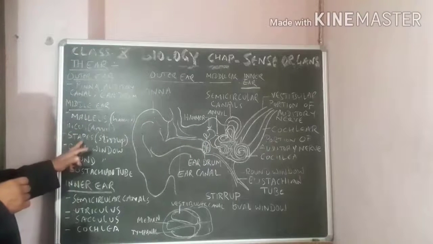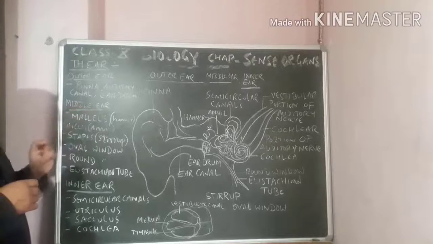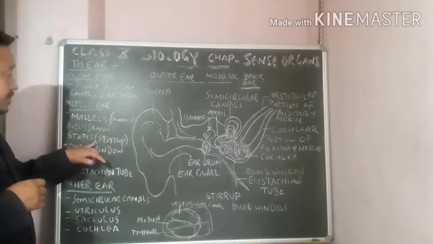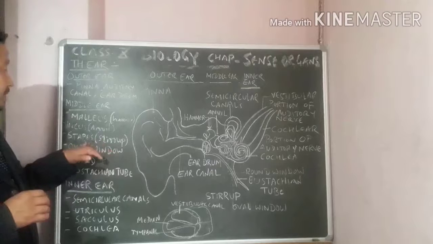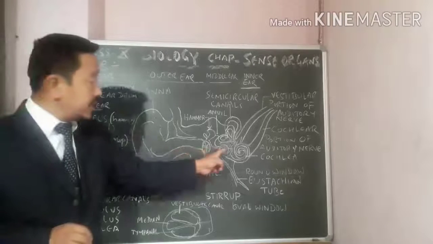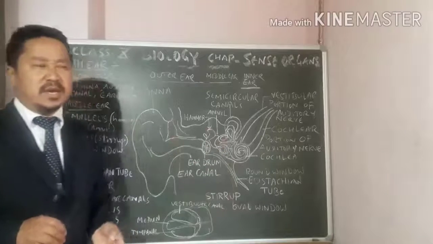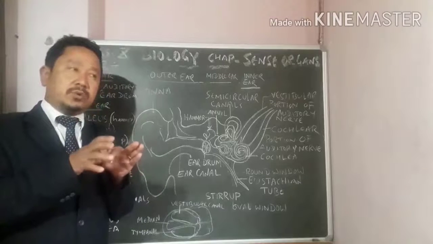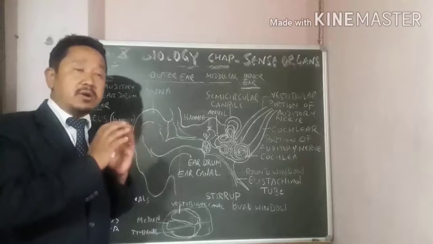Then the stapes, the third bone of the middle ear, or the ear ossicle, S-T-A-P-E-S, stapes, which is commonly known as stirrup. Here it is, another bone, the stirrup. A stirrup is something like a small tool you find on a horse.